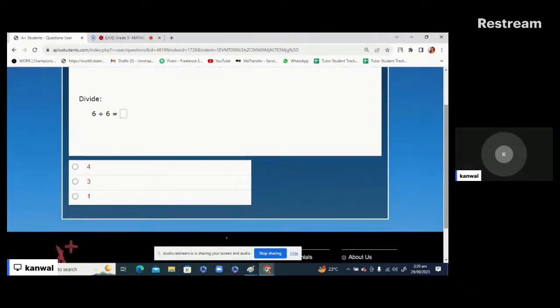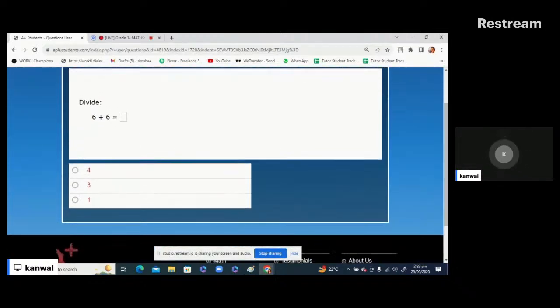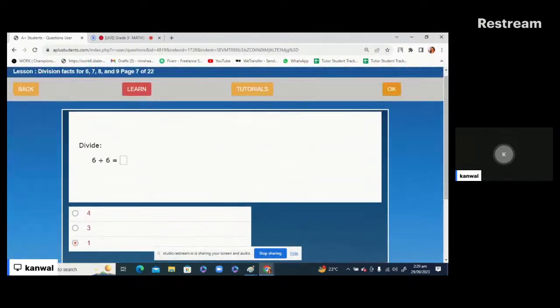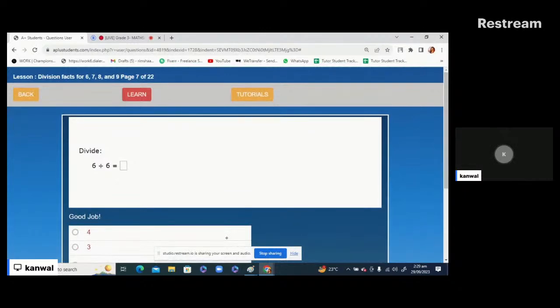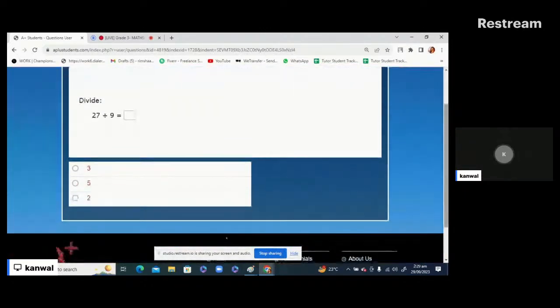Now 6 divided by 6. This is the simple question. Again, the answer is 1. Okay, 27 divided by 9. So how can we solve it?